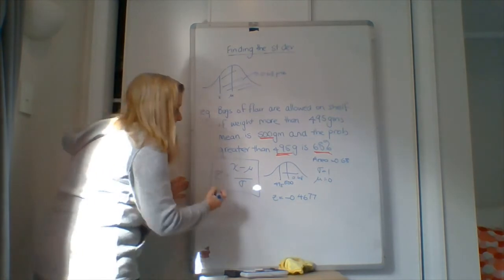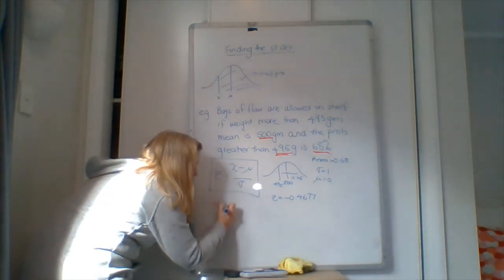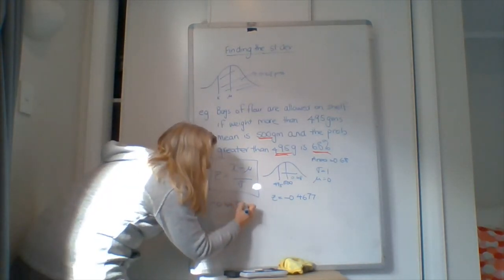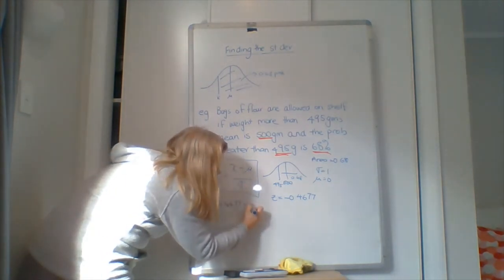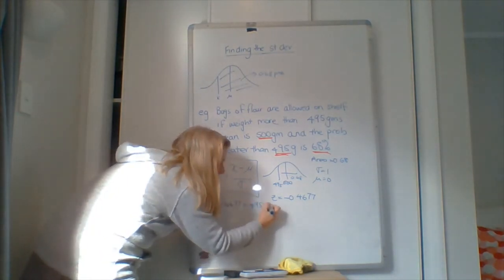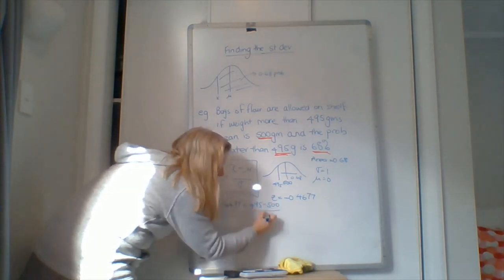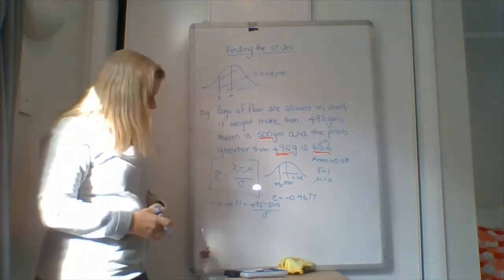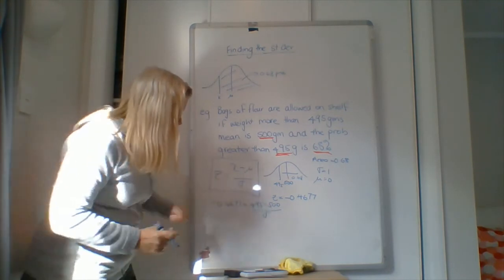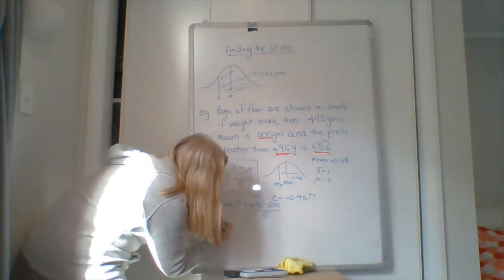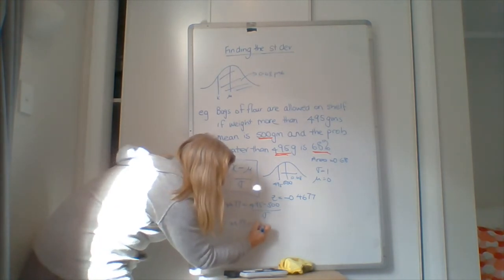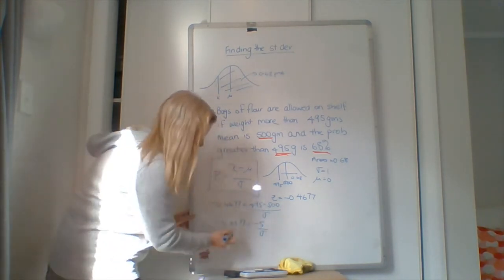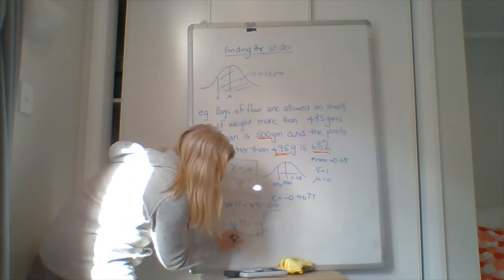Now we're going to use the formula. We want to find that negative 0.4677 equals the value, which was 495, minus the mean, divided by what we're trying to find, which is the standard deviation this time. So negative 0.4677 equals negative 5 over the standard deviation. Remember, we can swap these two over to find it.